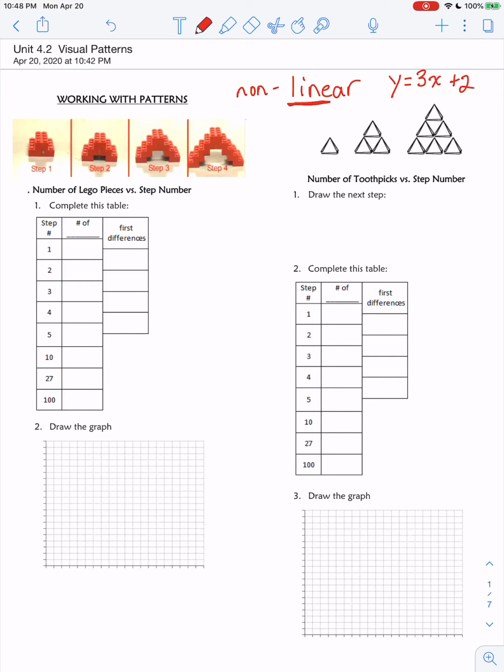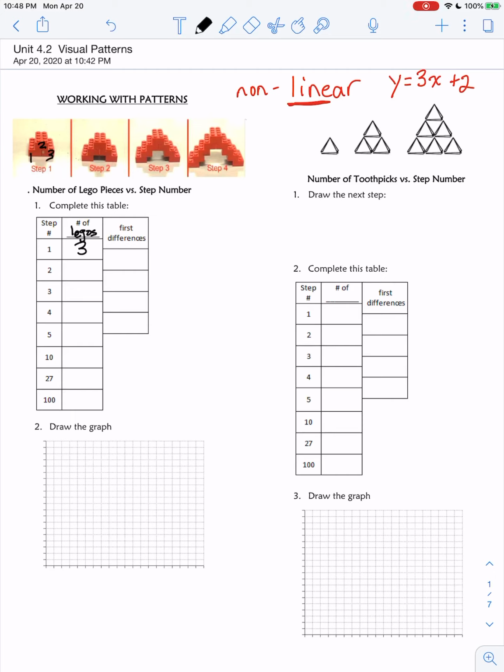So looking at this first one here, we're looking at how many Lego pieces there are versus the step number. In step number 1, I see 1, 2, 3 Lego pieces. So this is the number of Legos, and there are 3 of them.